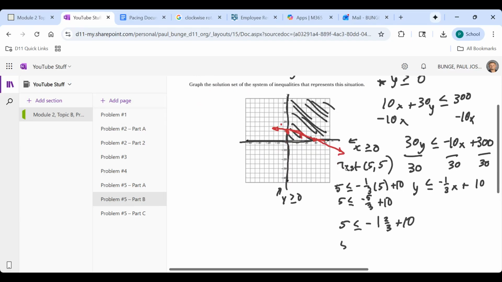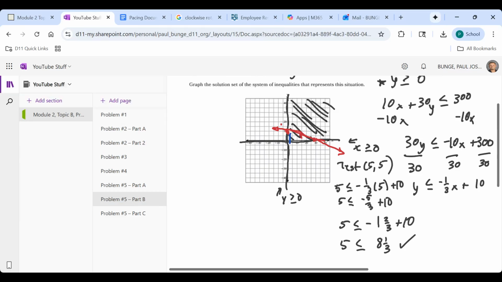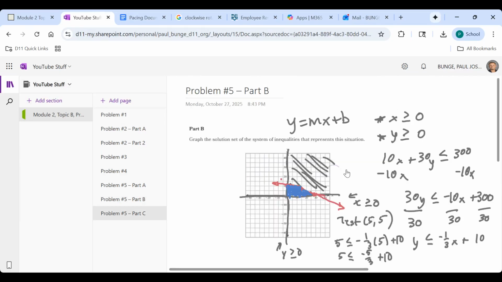And so when I do that subtraction, 5 is less than or equal to 8 1/3. That is a true statement. 8 1/3 is greater than or equal to 5. So what that tells me is the solutions that are a part of this triple system of inequalities is the inside part of our triangle. So I'm not quite sure how that will end up graphing on Eureka, but at least we know those are the solutions included with this inequality.